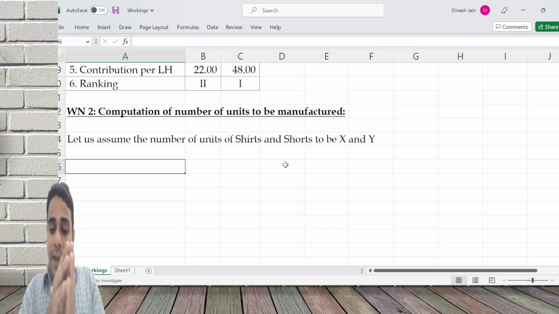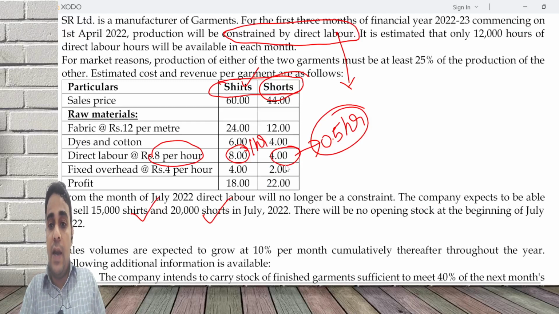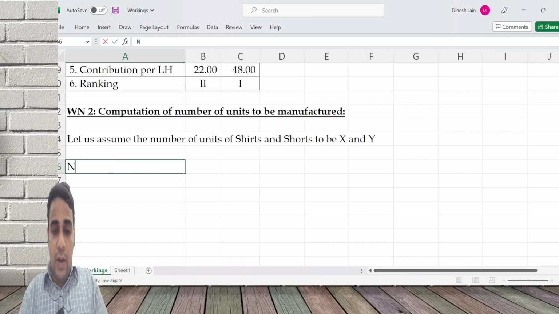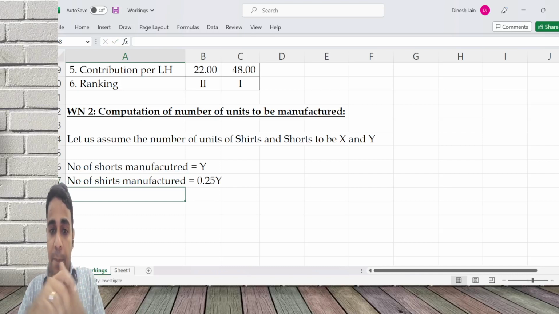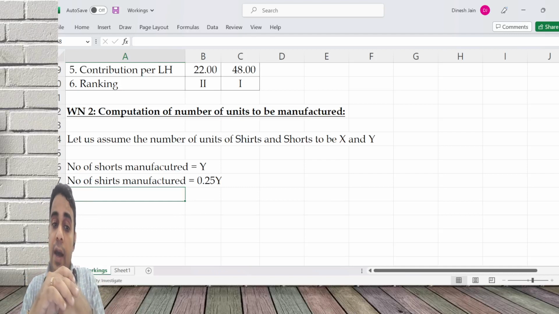Your priority is to produce Y, but X will be at least 25% of Y. So the number of shorts manufactured is Y, and the number of shirts manufactured is 0.25Y, 25% of the other product.